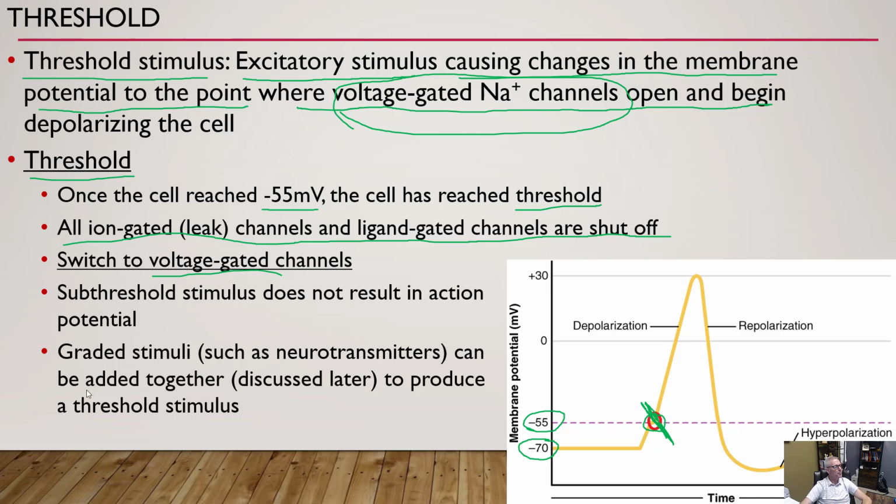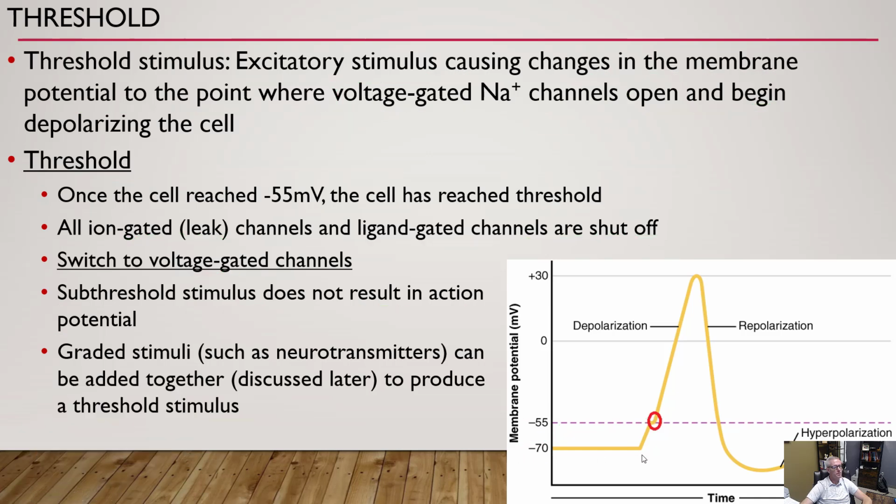Now, here's this little statement: subthreshold stimulus does not result in action potential. So what that means is, if I'm still in this phase right here and I don't reach that negative 55, let's say that I'm negative 62, I am subthreshold.